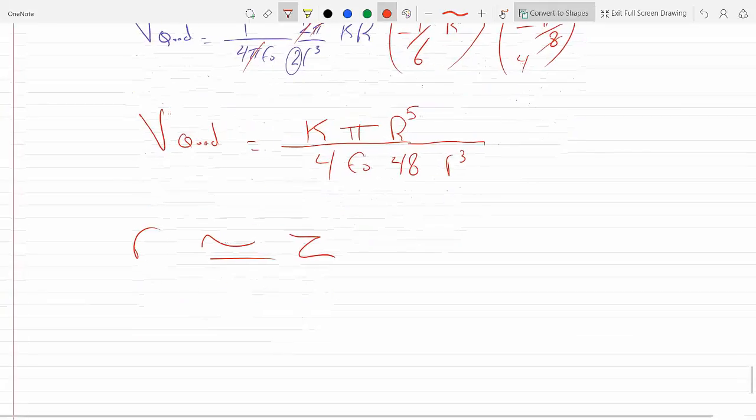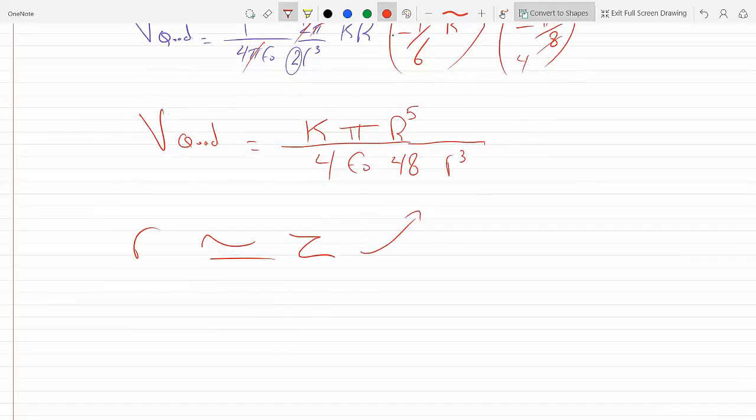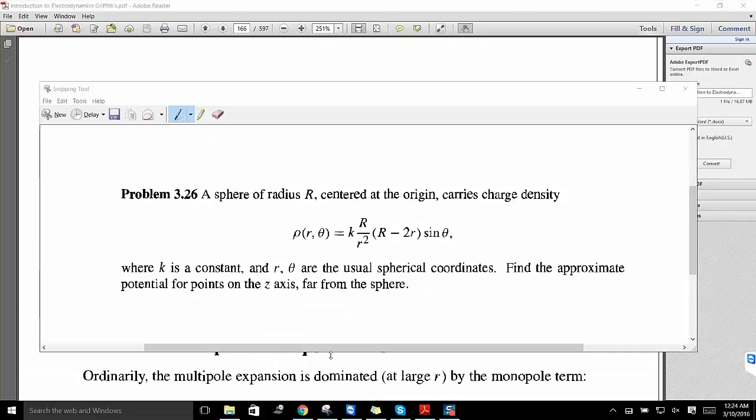Cosine 0 is 1. So then you can put that there, and for your final result, you can get as a function of z, yeah, pi k r to the 5 over that.